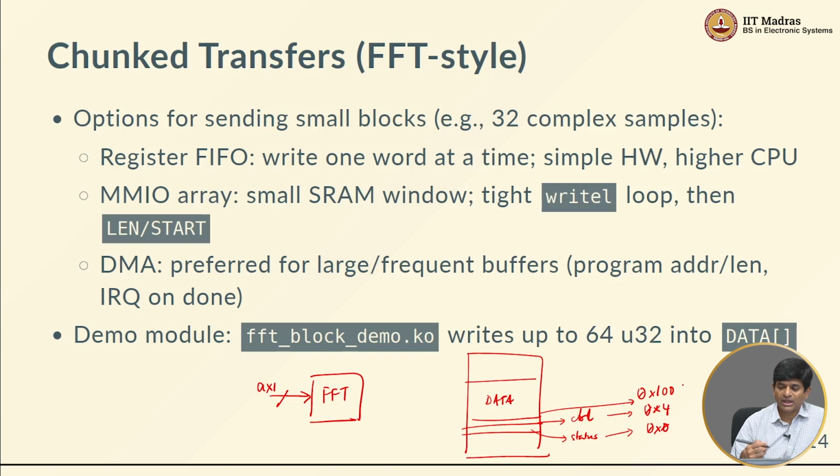I don't want to start from 8 and then increment from there. I want it because it's a large chunk of data that I want to write. So I'll start from 100 and then say 104, 108, 10C, 110, and so on. All of these correspond to data.